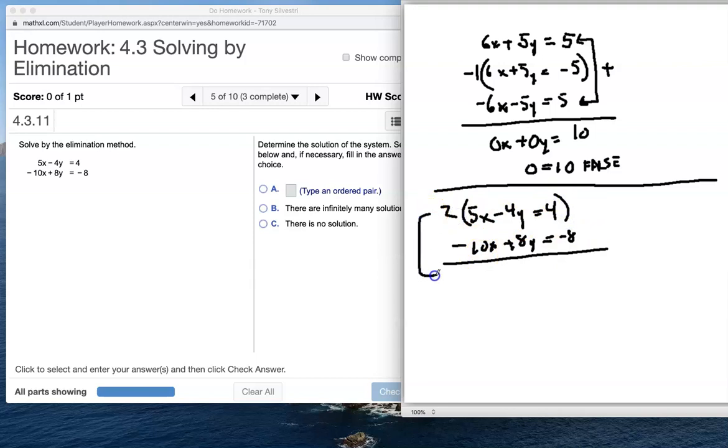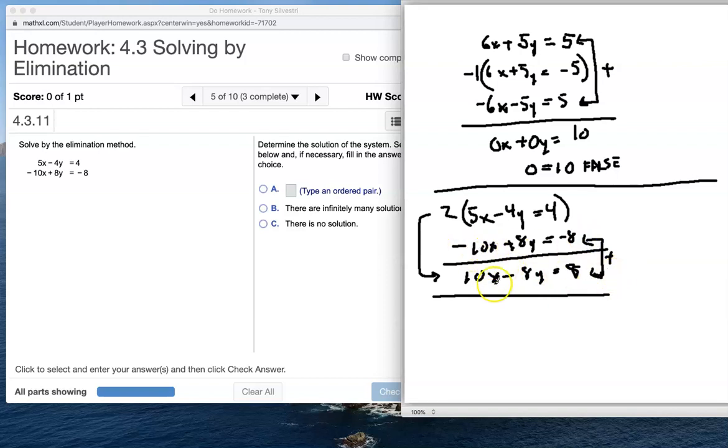And when you do that, you've got 10x minus 8y equals 2 times 4 is 8. And now what we're going to do is add these two equations. And look at this.